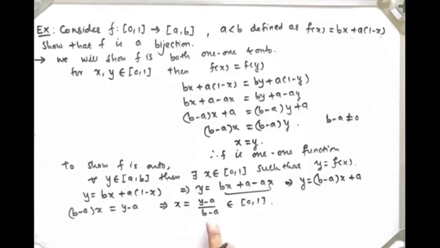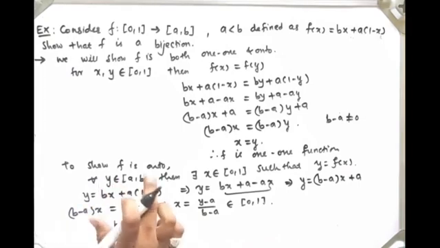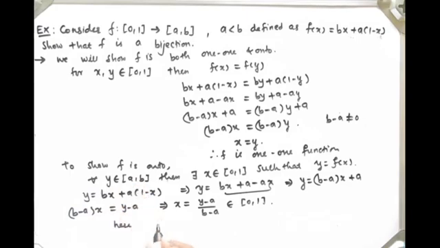Here (y minus a) upon (b minus a) belongs to [0, 1]. Let's see how. What we have been given is that y belongs to [a, b]. So a is less than or equal to y, which is less than or equal to b, and we have to find (y minus a) upon (b minus a). Now we subtract a throughout the inequality, and we get a minus a less than or equal to y minus a less than or equal to b minus a. Which implies 0 is less than or equal to y minus a, which is less than or equal to b minus a.